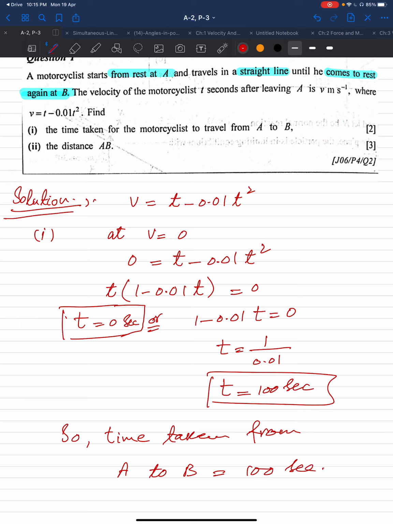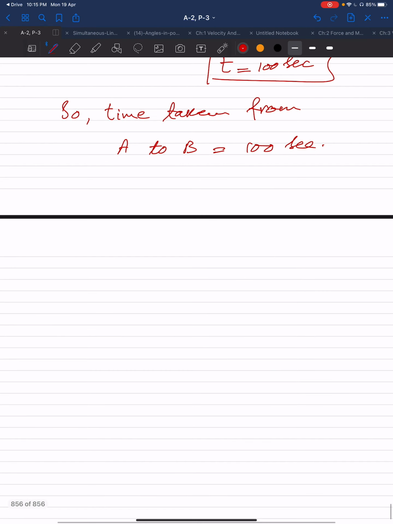Okay, part B is the distance AB. So you have to find the distance between A and B. You know that the total time taken by the motorcyclist to reach B is 100 seconds. Now, as we have to find the distance, we are given the function v is equal to t minus 0.01 t square.